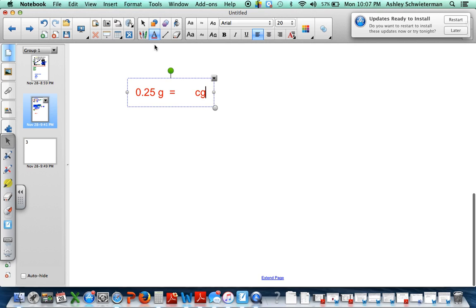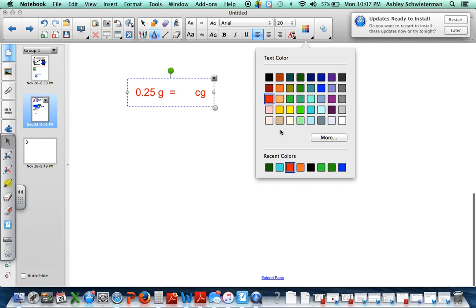And that's all you're given. The very first thing you should do is write down your conversion prefixes so you know what you're changing from what to what.